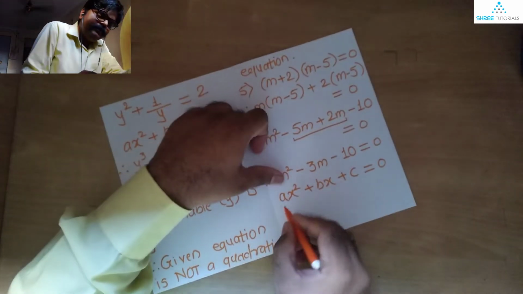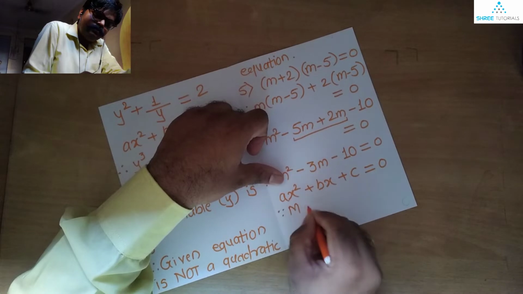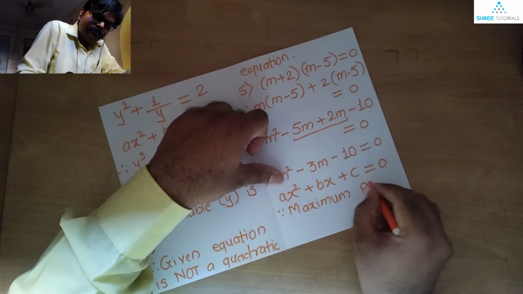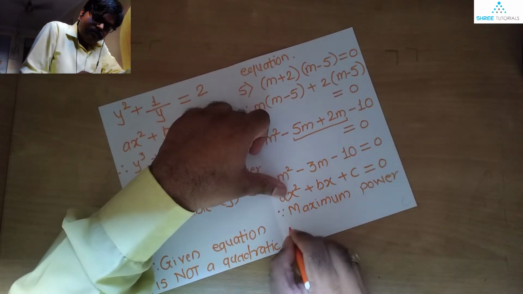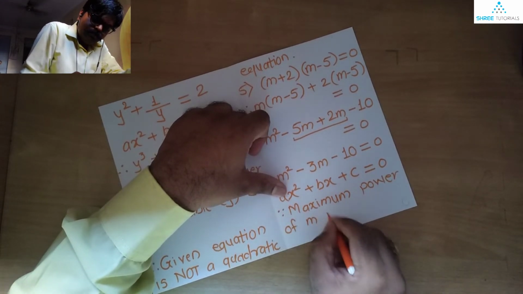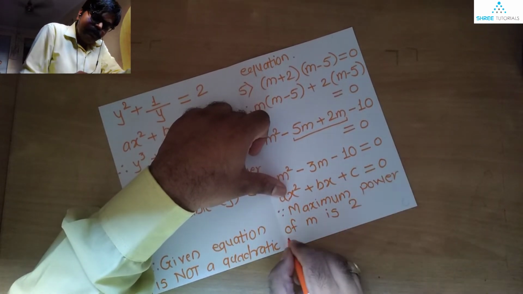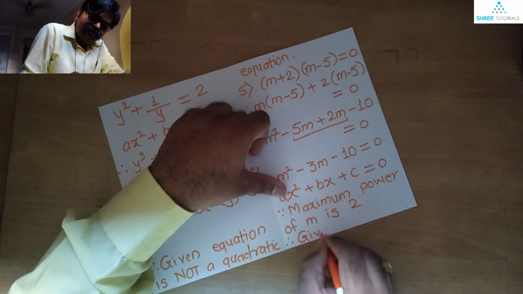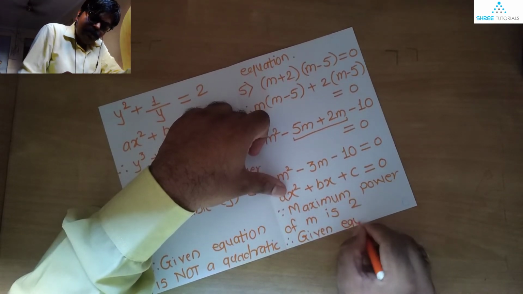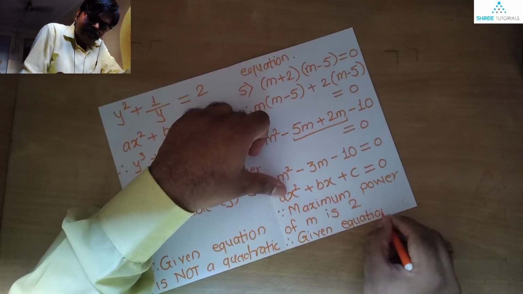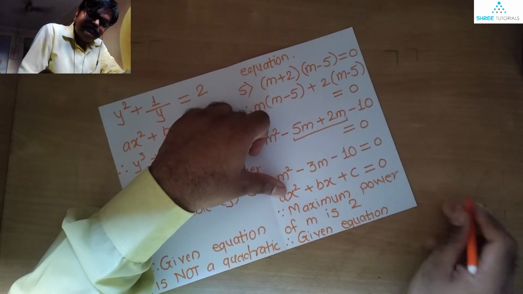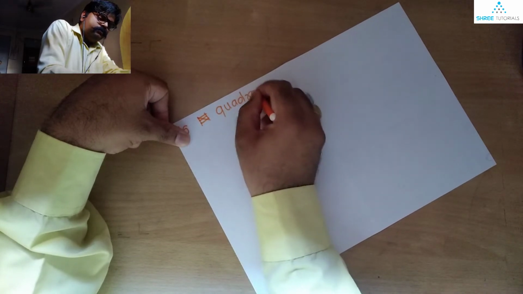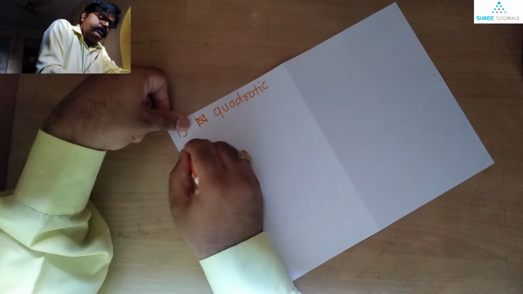Therefore I am writing, since the maximum power of the variable m is 2, therefore the given equation is a quadratic equation.